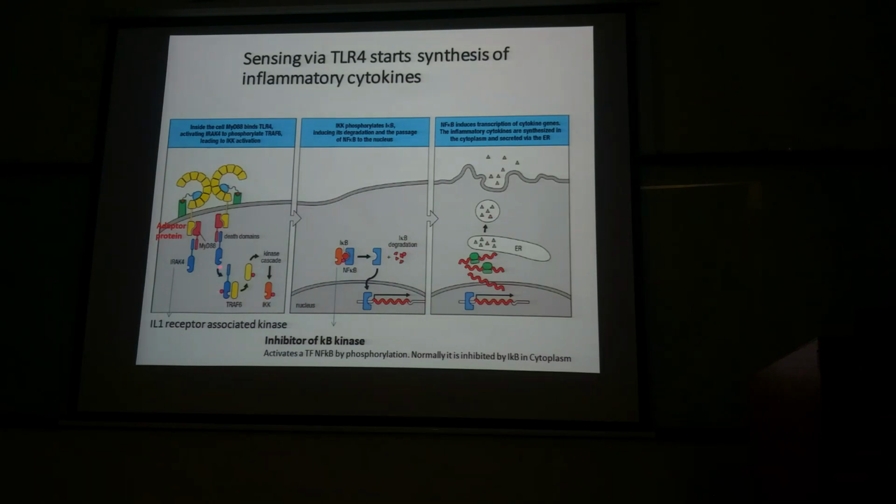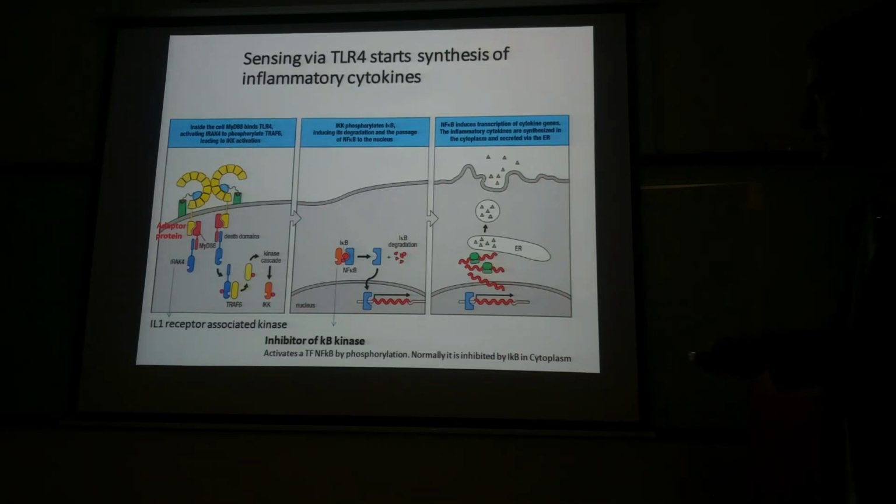Now, what happens is that when IRAK4 is activated, this is a kinase, now it's going to phosphorylate the next peptide in this row, which is known as TRAF6. So TRAF6 also is an adapter protein in here.